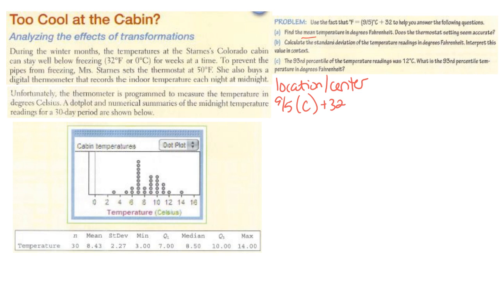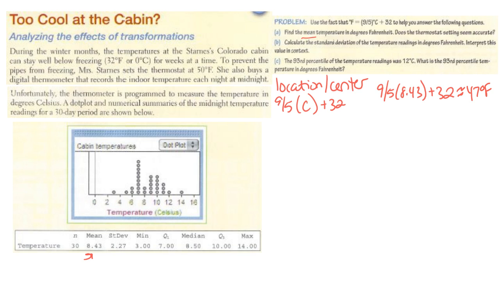Location and center are both affected by multiplication, division, as well as addition, subtraction. So for this one, we're given a mean of 8.4 degrees Celsius. So I need to apply both the multiplication constant as well as the addition constant to find the new mean, which is approximately 47 degrees Fahrenheit.